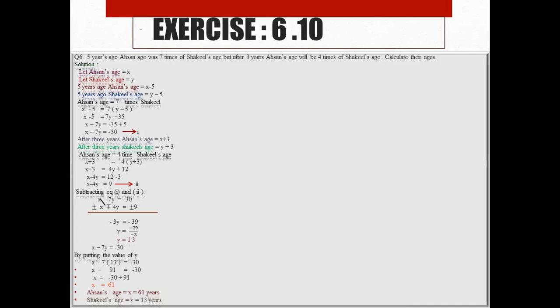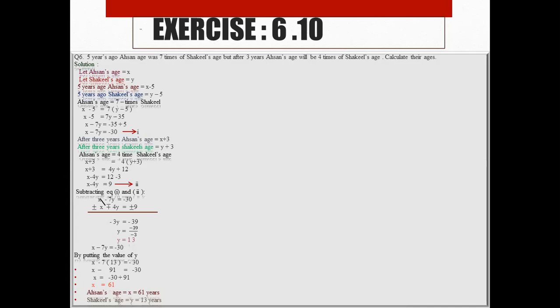X minus 7y is equal to minus 30. Instead of y I put 13 there: x minus 7 into 13 is equal to minus 30. X minus 91 is equal to minus 30. Now we have only one variable and two constant terms, so we shift 91 to the other side.